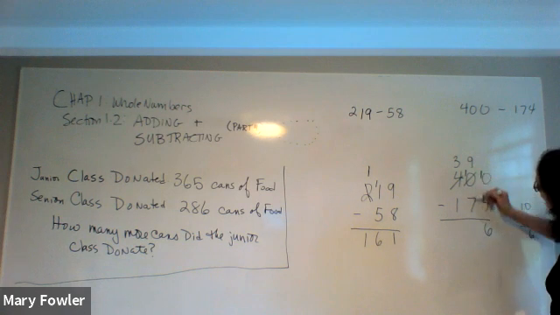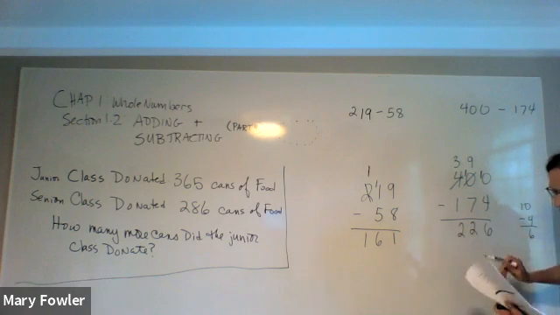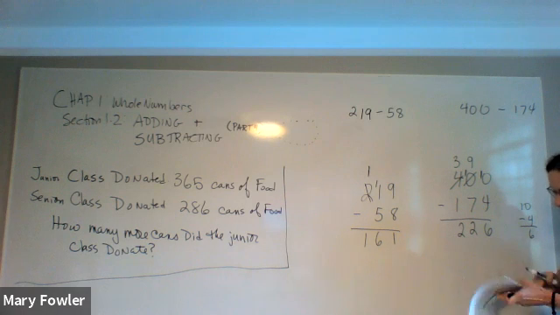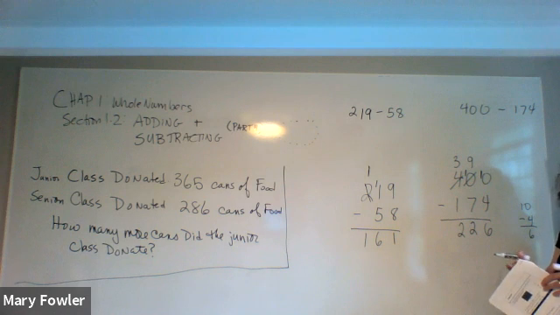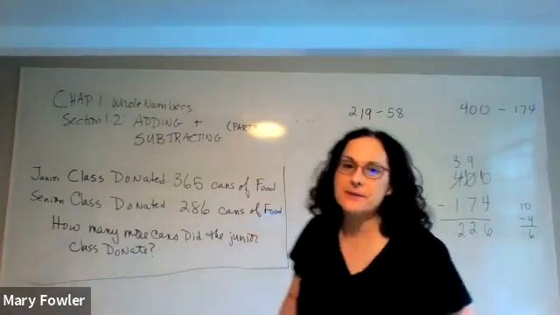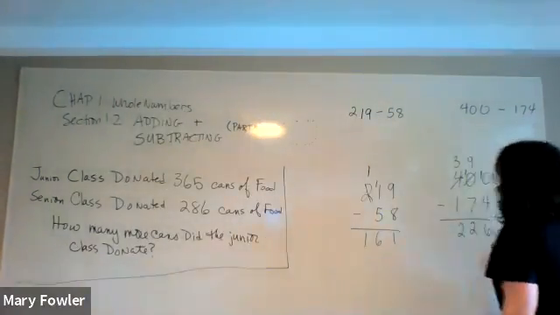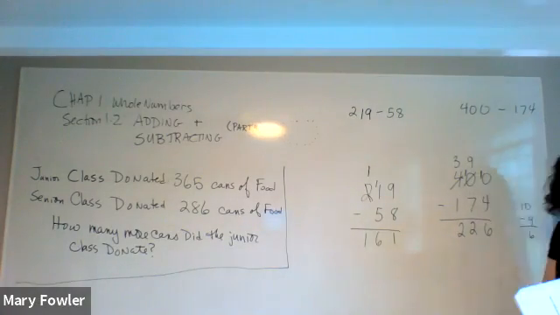And over here, I have 9 minus 7, which is 2, and 3 minus 1, which is 2. I'm checking that I got it right because you've got to check, right? When you do your work in MyMathLab, you get immediate feedback. Okay, so we're good at 226. Great. All right, so let me erase that.